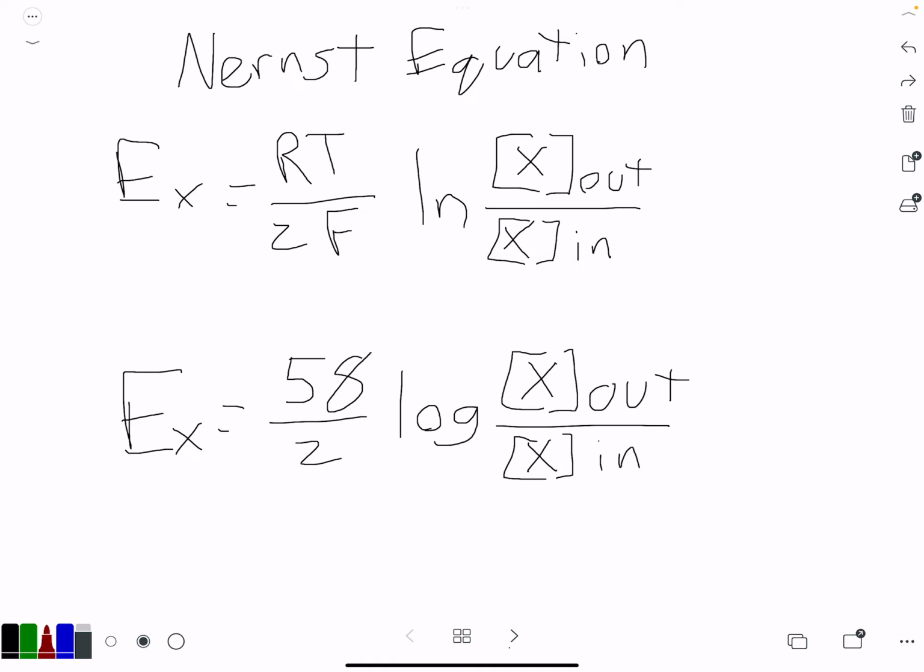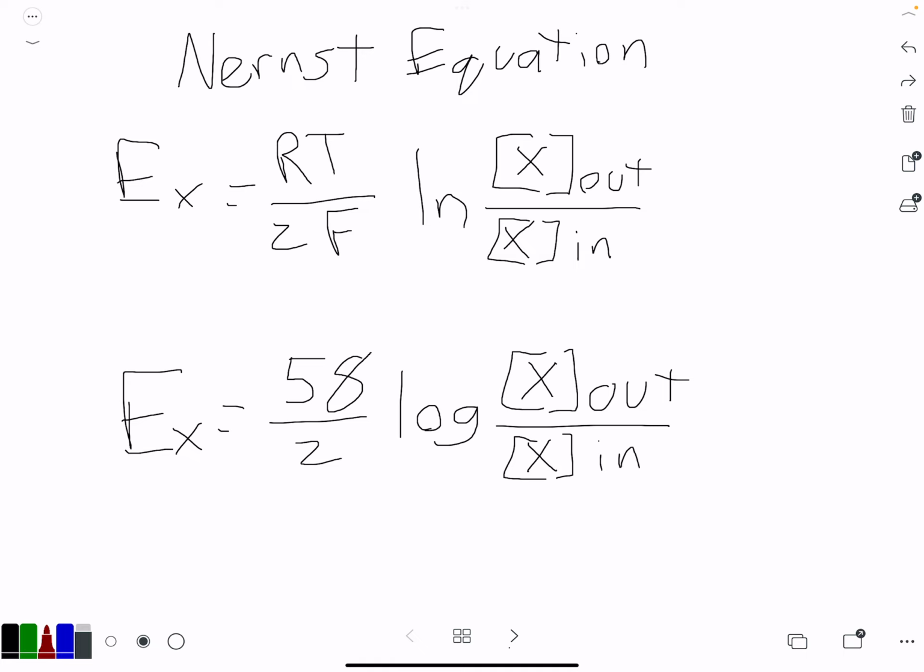Based on the concentrations of the ion on the two sides of the membrane, it gives the resulting equilibrium potential. So when they reach electrostatic and chemical equilibrium, what will be the difference in charge across that membrane, or the potential?